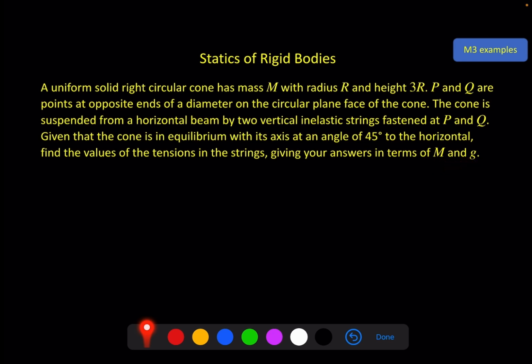That's a lot of information. In the textbook there's a little diagram that goes with it, but let's see if we can recreate it here. The cone is in equilibrium with its axis at an angle of 45 degrees to the horizontal. We also know it's being suspended from P and Q, 2 points on the base, which means it must look something like this.